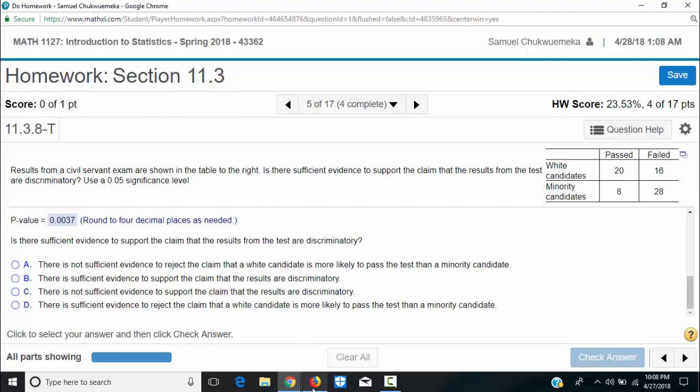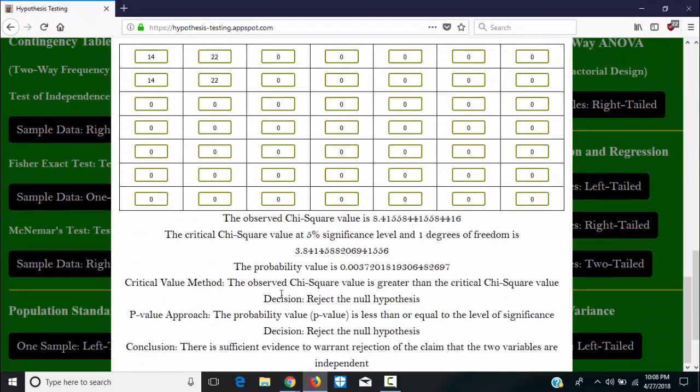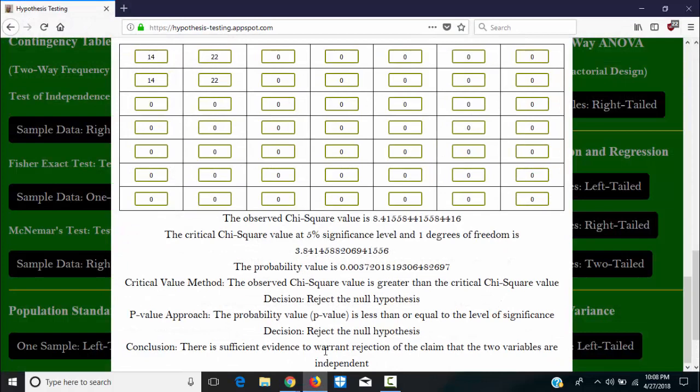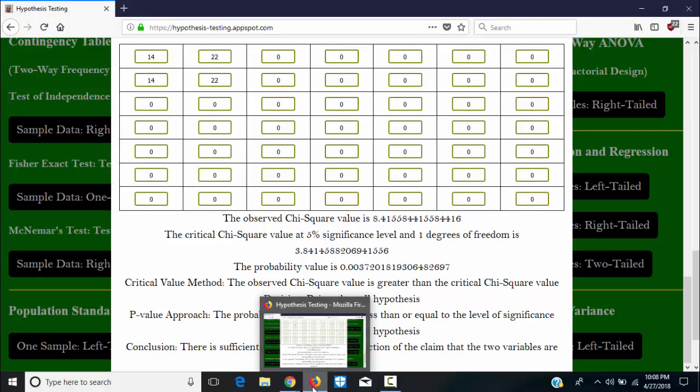So when you want to make your conclusion, you really have to be careful about the wording. Some textbooks word it in a way that is a little bit confusing, so you really have to look at it before you select your answer.